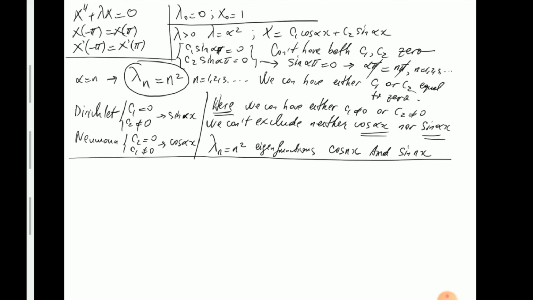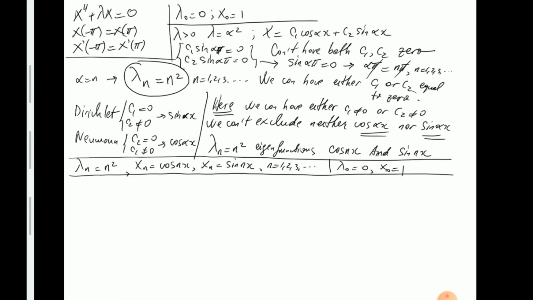And as a matter of fact, we can even use the same notation, because when you do the superposition principle, we have to assemble, of course, all of these functions. So you can write it like this: lambda n equals n squared, Xn could be cosine of nx, Xn could also be sine of nx for the same lambda n. And of course, in addition to that, let's not forget the one corresponding to 0. In that case, we don't have two versions. We have just X0 equals 1.